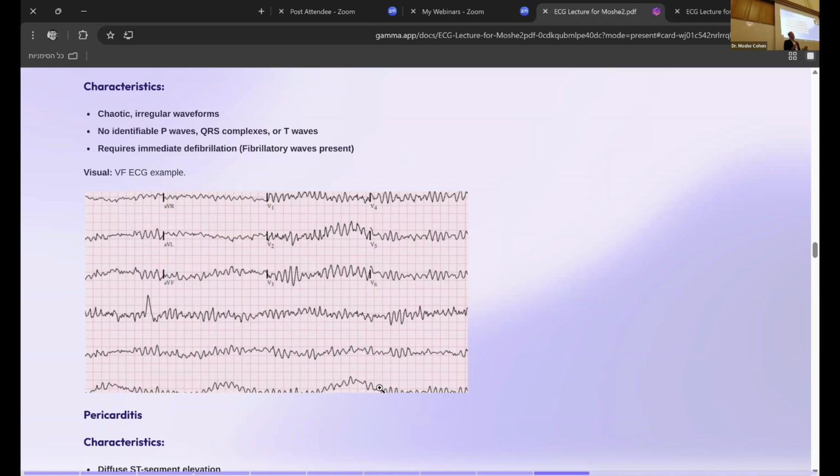There is no order, no atria, ventricle, PQRS, PQRS. Instead, you have this mess. So the heart is fibrillating. It's not really contracting, and you don't have a peripheral pulse. This patient needs to be treated with an electric shock, a defibrillator.